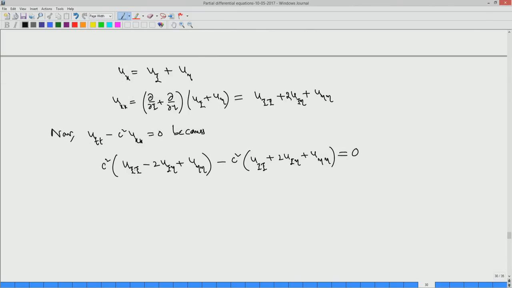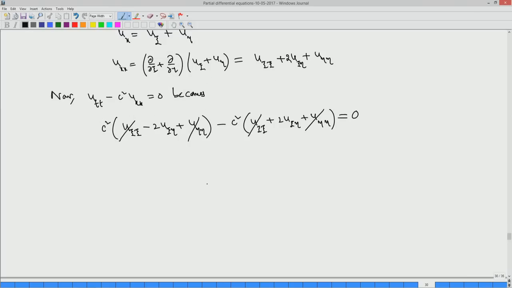If you see that, these are all cancelling out, same derivatives; only mixed derivatives remain, that is going to be minus 4c² u_ξη equal to 0.